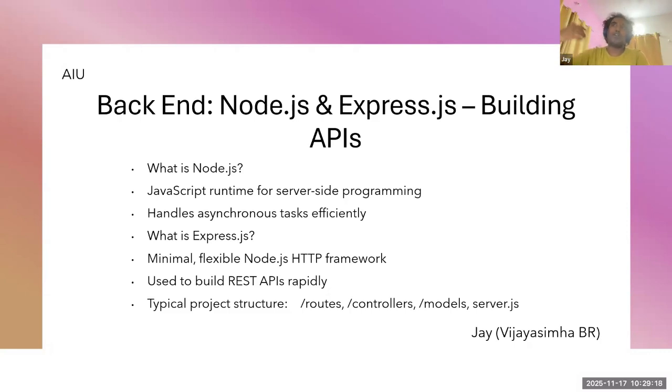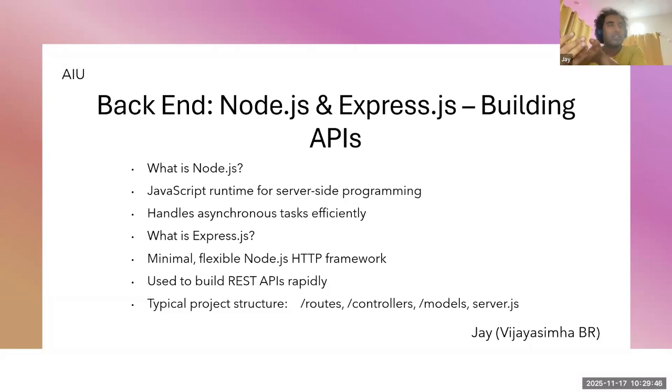At the same time, if tomorrow you wish to take it to the next level and go deeper, you can add on many things to Express.js to get additional features. So Express.js is good for simple things, but it can also scale up to much bigger things as well. And of course, it can handle asynchronous tasks.